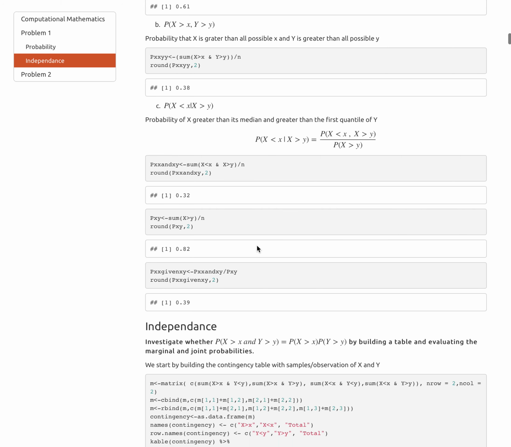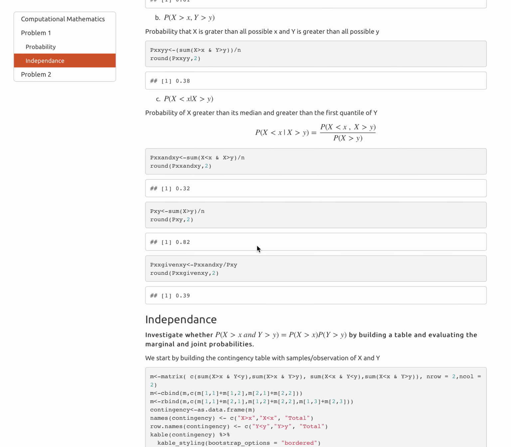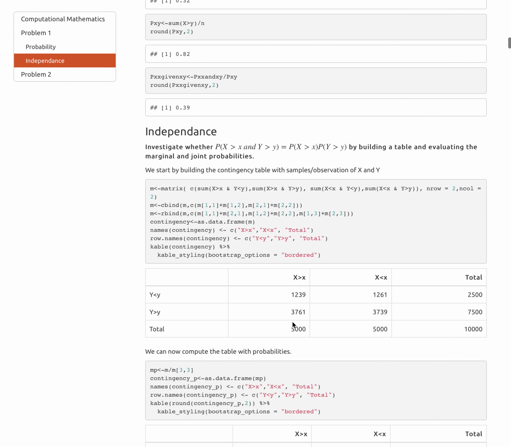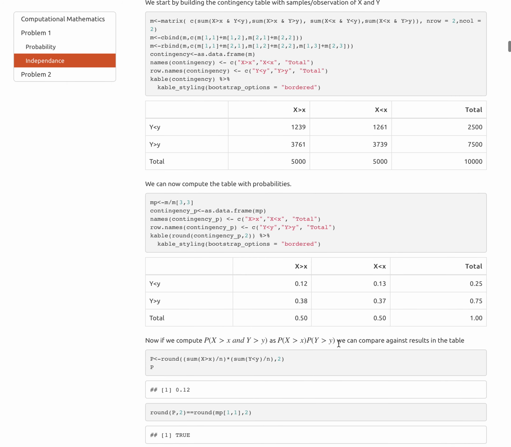For independence, I analyzed this by computing the contingency table shown here with counts. To obtain this table, the joint and marginal probabilities were computed, so both tables are equivalent, with probabilities and counts.